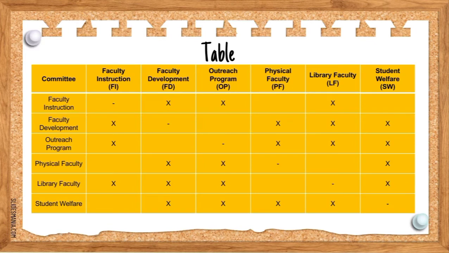An X in the table indicates that the two corresponding committees share at least one member. Use graph coloring to determine the minimum number of time slots necessary to ensure that all faculty members can attend all meetings. You can pause this video if you want to answer this problem on your own.